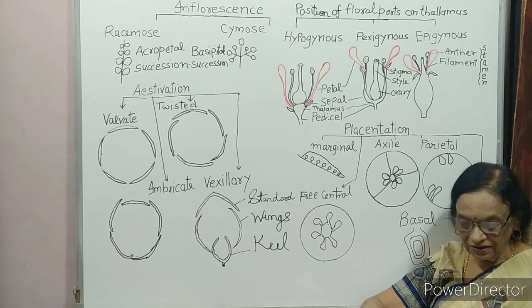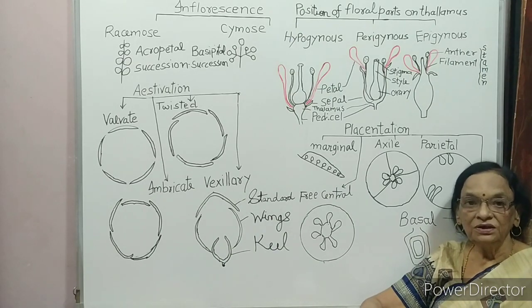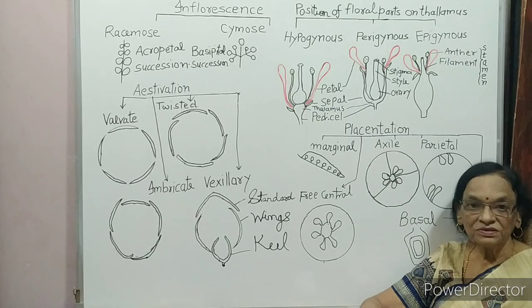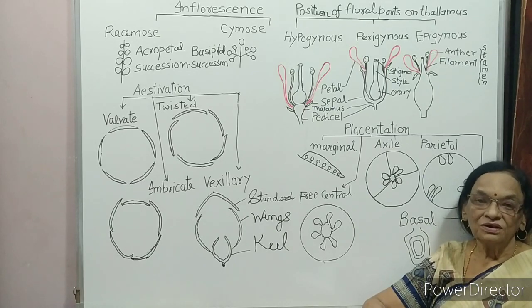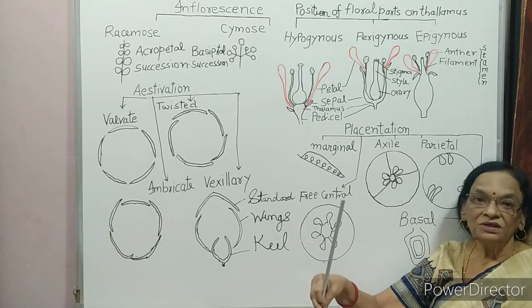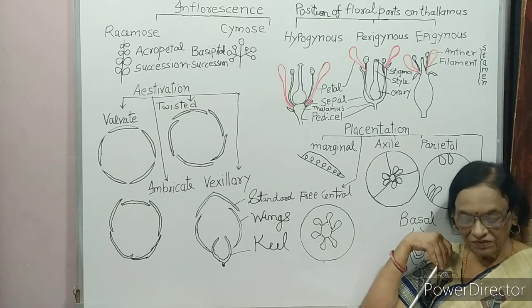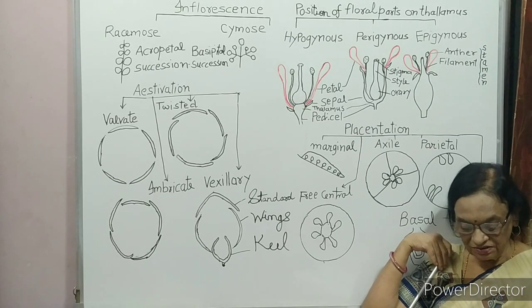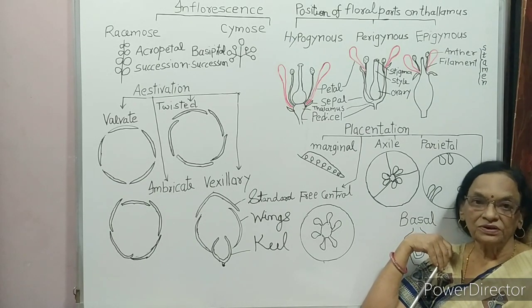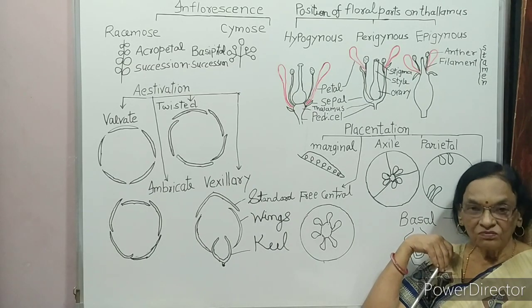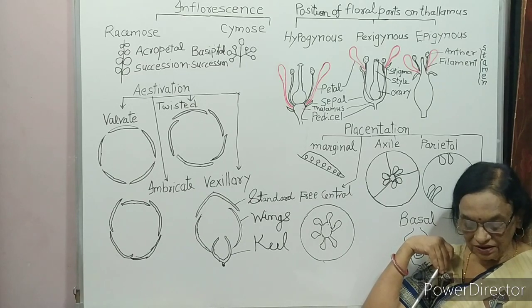Zygomorphic is when the flower can be divided into two similar halves through only a single plane that passes through the center. It is called zygomorphic. Third is asymmetry. What is asymmetric?